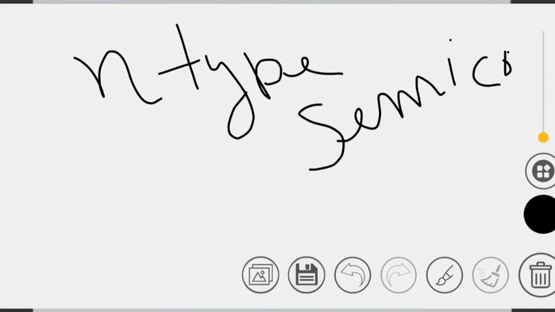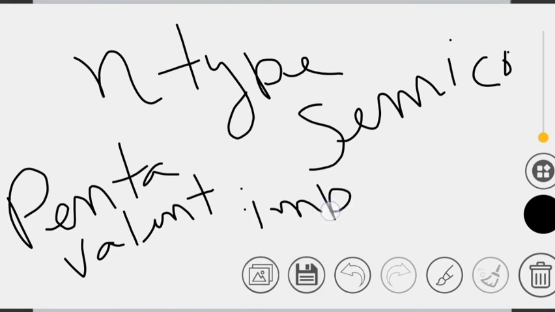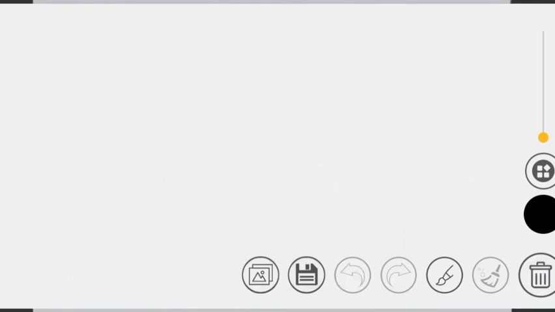But from where are these impurities coming? These impurities come by mixing pentavalent impure atoms. What are those pentavalent impure atoms?